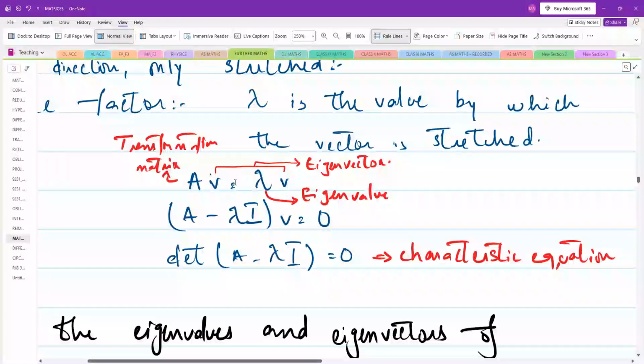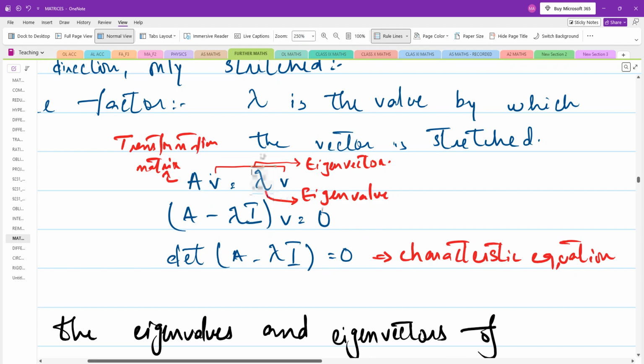Now, since these two are equal to each other, if I bring this over to this side, it is going to get subtracted from this, and if I take v common, we get this equation. You'll be like, oh, where did this I come from? Let me tell you. This A is a matrix.